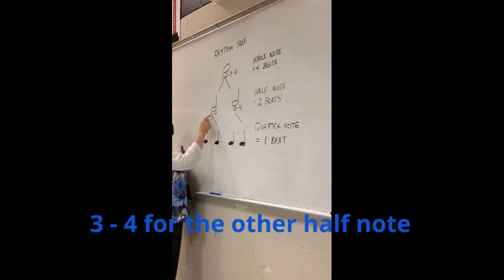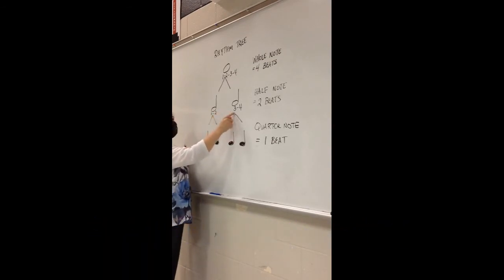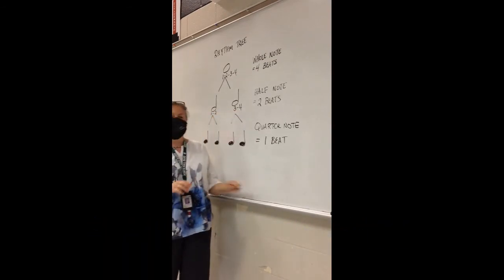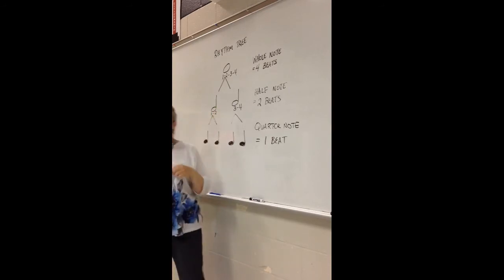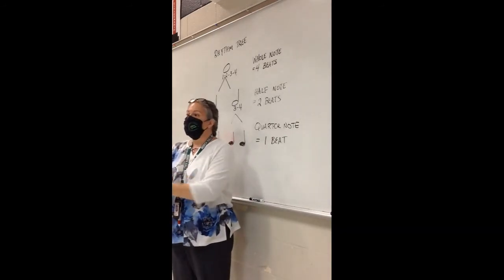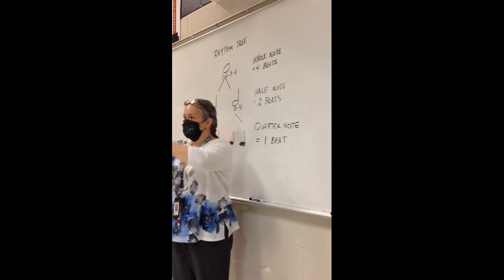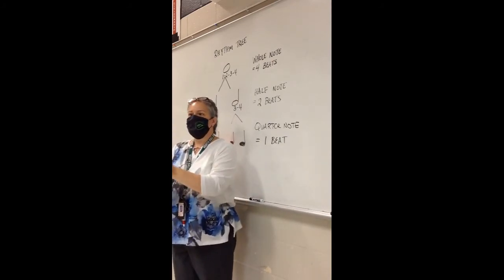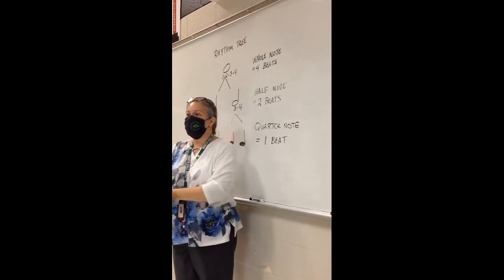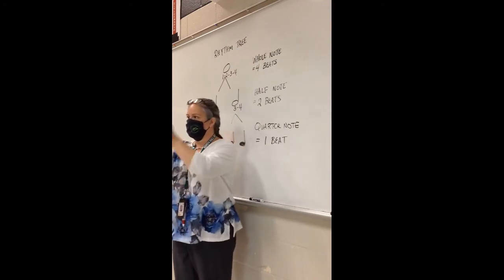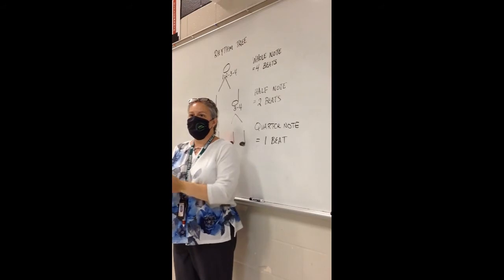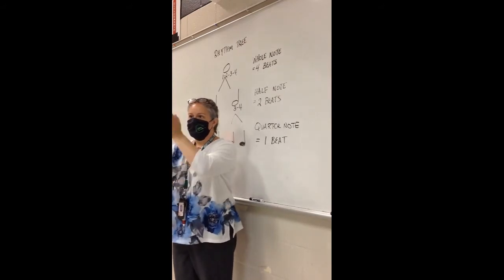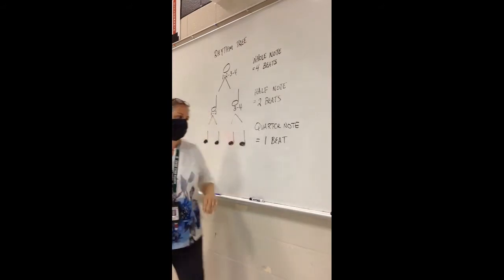You've got 2 connected beats of sound, followed by 2 connected beats of sound. A measure full of half notes would look like this. 1, 2, 3, 4. Make sense? Here we go. Ready, go. 1, 2, 3, 4. Good. Do that again. Ready, go. Perfect. I love it.